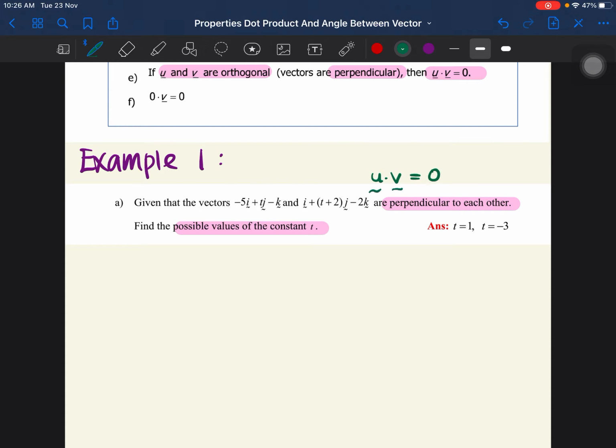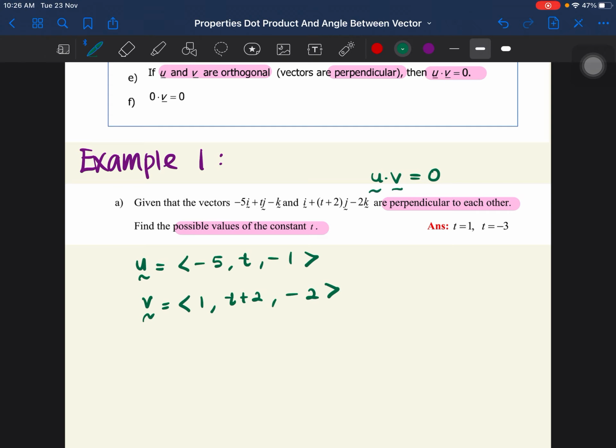Okay, so if I let my u be the first vector, -5, t, -1, and my v be the second vector, which is 1, t plus 2, -2.